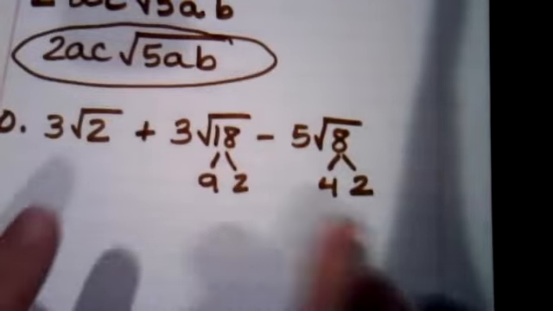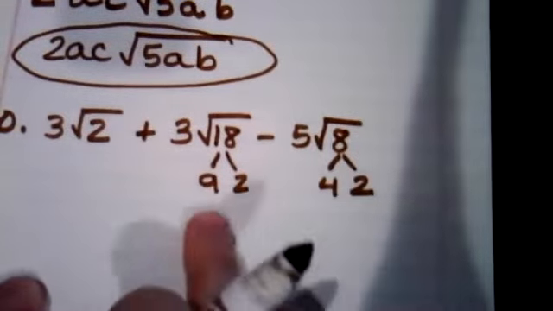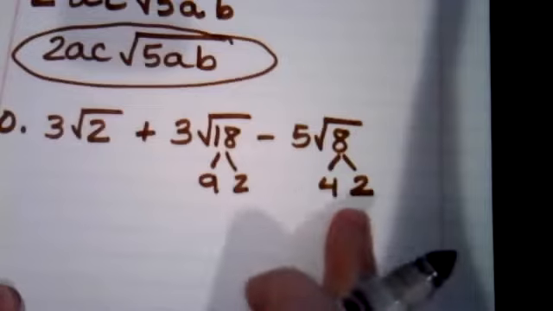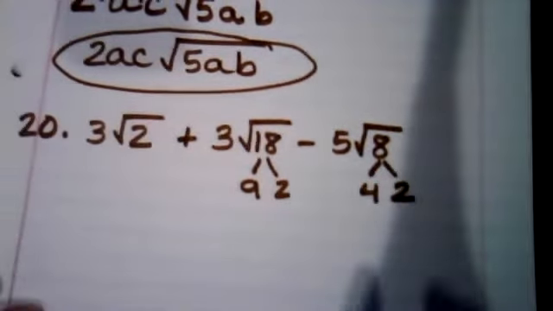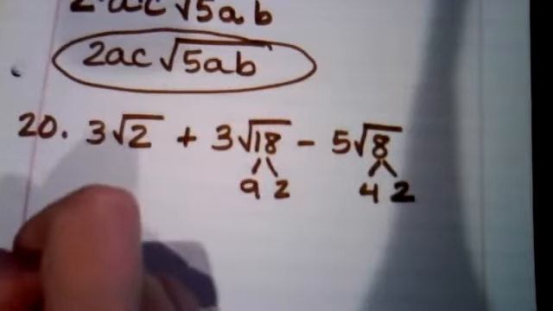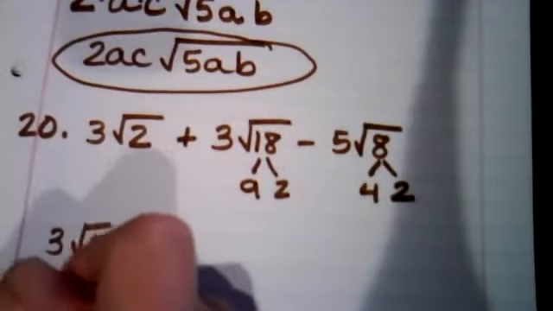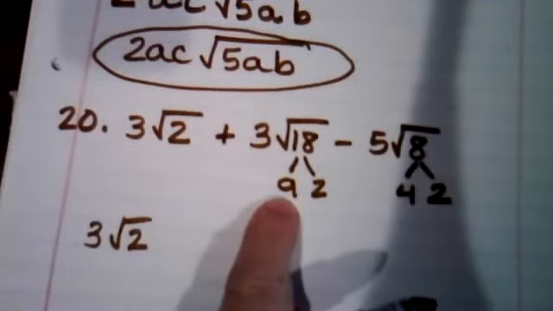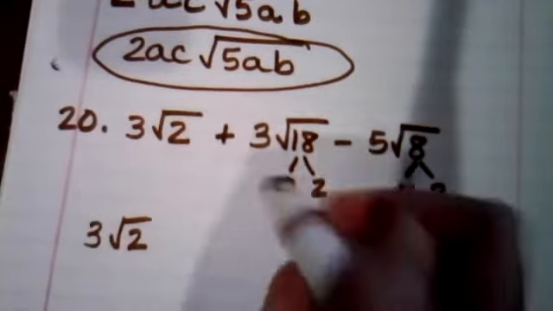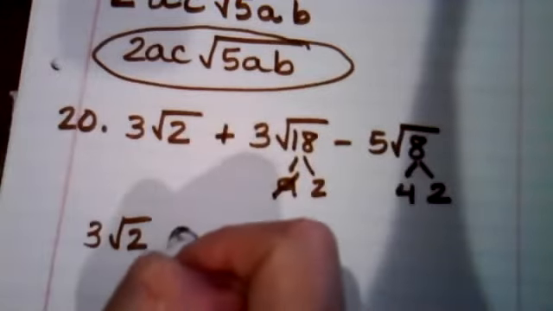Okay, so let's see if we can finagle this. Hopefully you saw that it's common. So we have 3 square root of 2 from the first one. And when I pull out the 9, I actually don't pull out a 9, I pull out a 3.